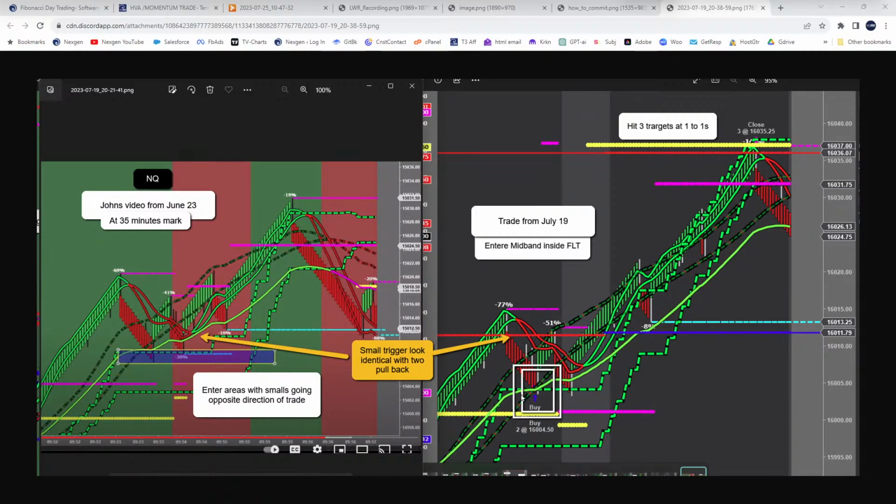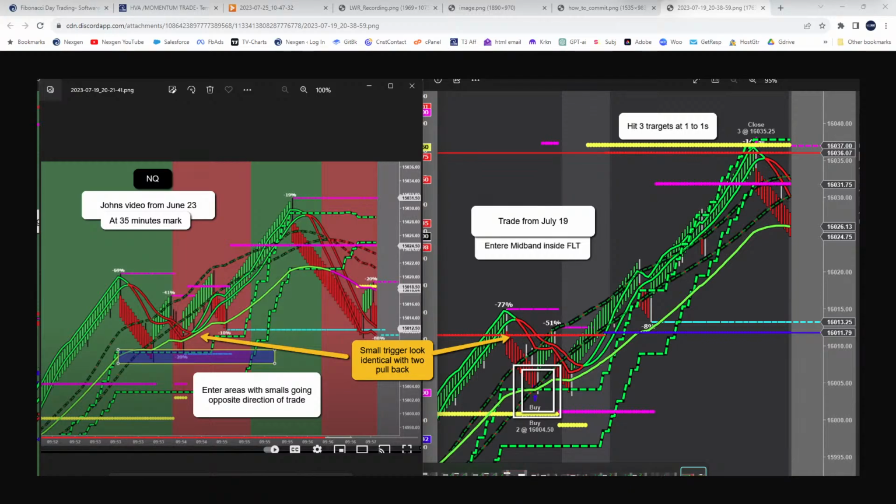You took a trend trade long, and the market did basically the same thing it did in the video. So I'm trying to figure out what the problem is. Mark said small triggers down was not good to take the trade.